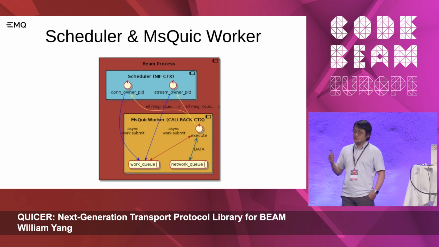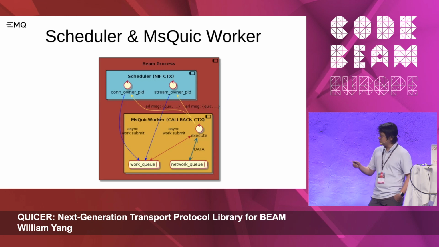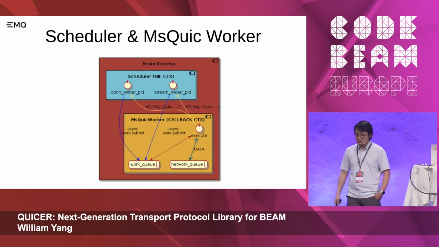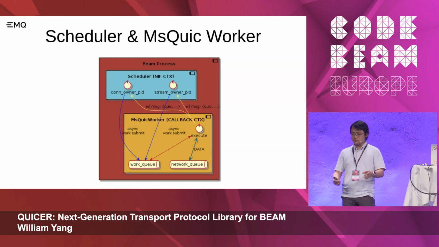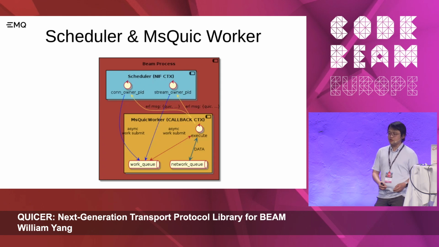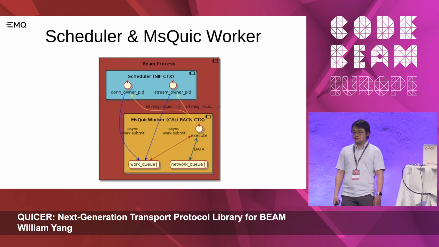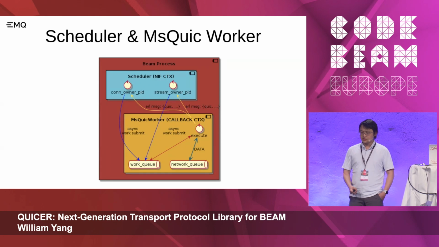The MsQuic worker just does two simple things. It interacts with the network queue, the green arrows, and it works with a work queue, where work is submitted either from Erlang schedulers or from another MsQuic worker.